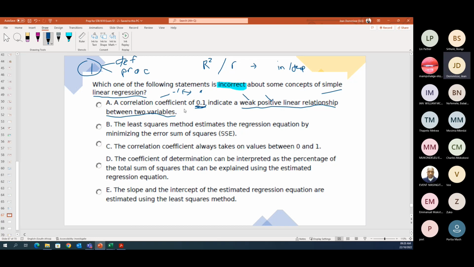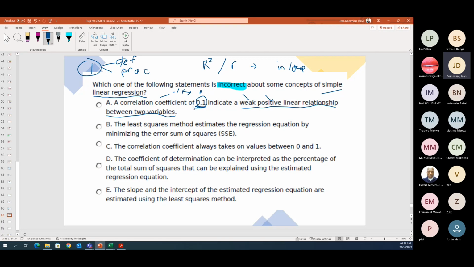If it was something like 0.5 or 0.6, then it would have been a strong positive relationship. But because 0.1 is closer to 0 than to 1, it is a weak relationship, but it still is a positive relationship because there's no negative in front.